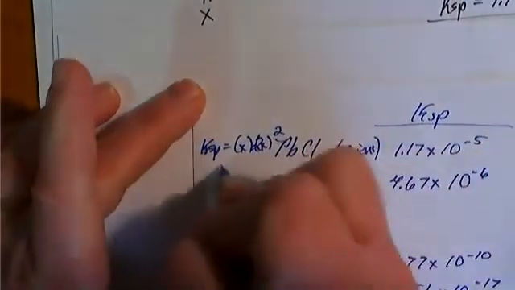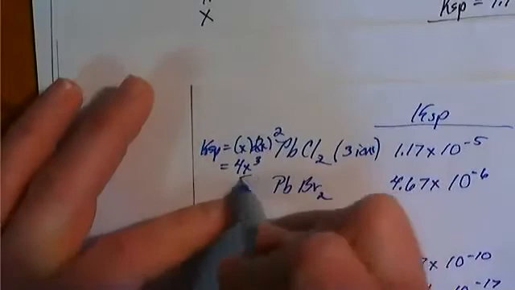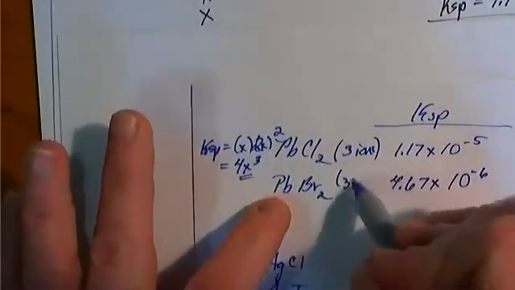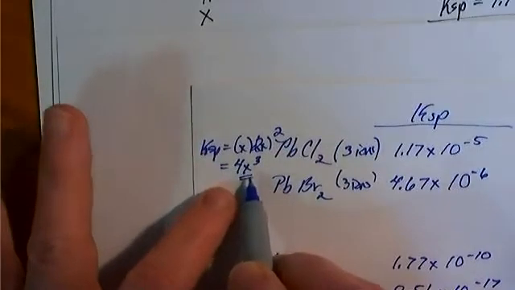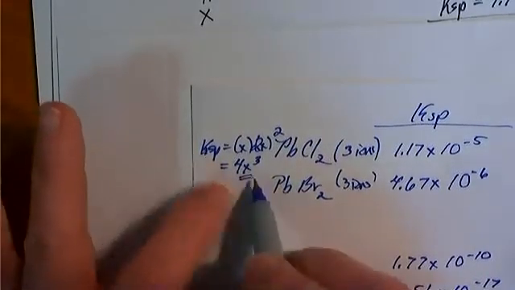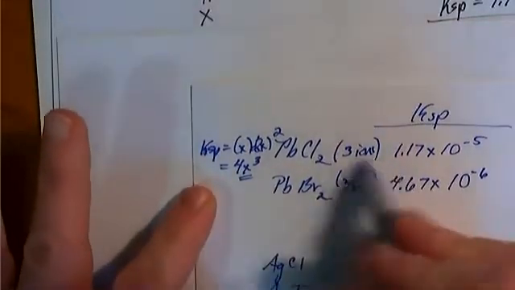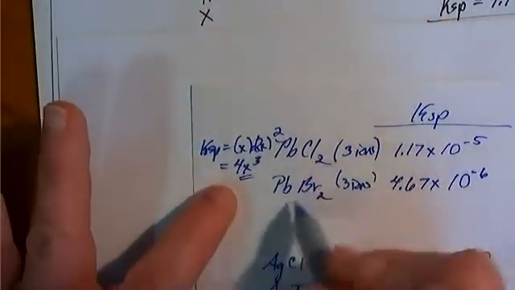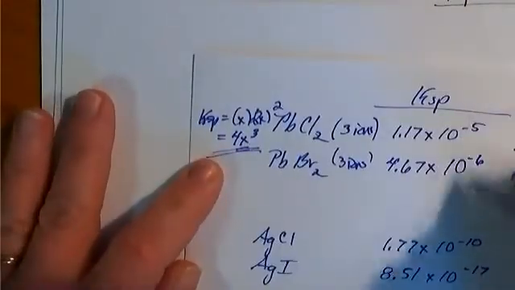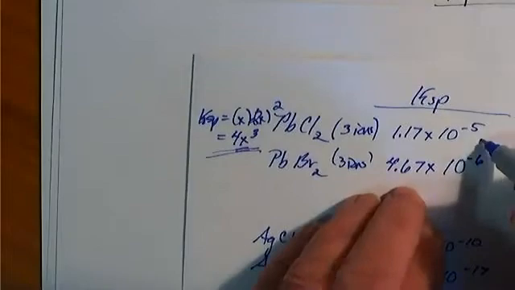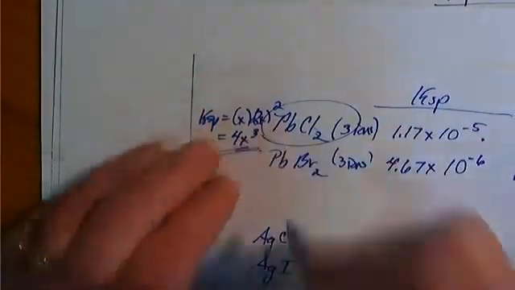And so this ends up being 4x cubed. So because both of these have the same Ksp expressions whenever we communicate it in terms of x for our solubility, because they have the same number of ions and the same charge ratio, then we can directly compare their Ksps. So this is the larger, and so lead 2 chloride would be more soluble.